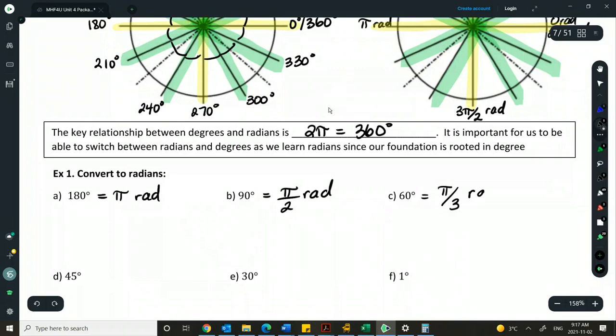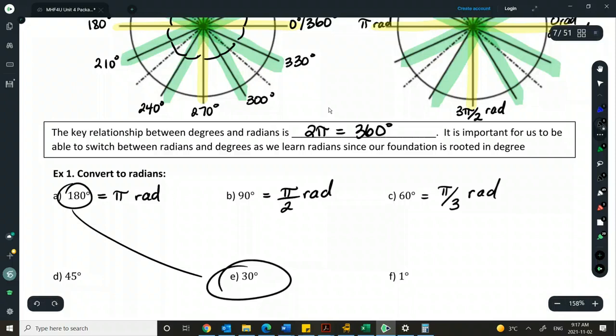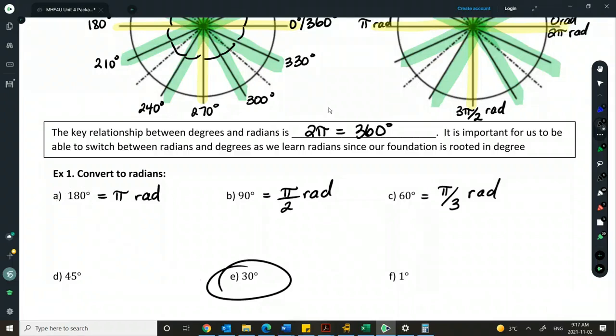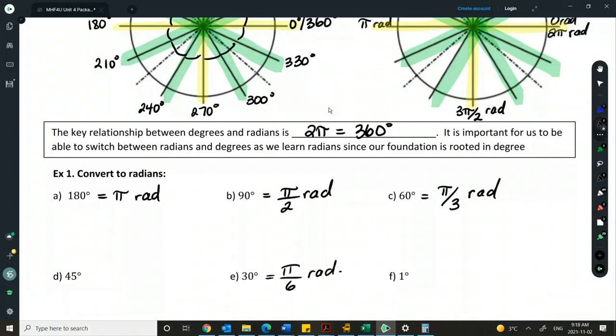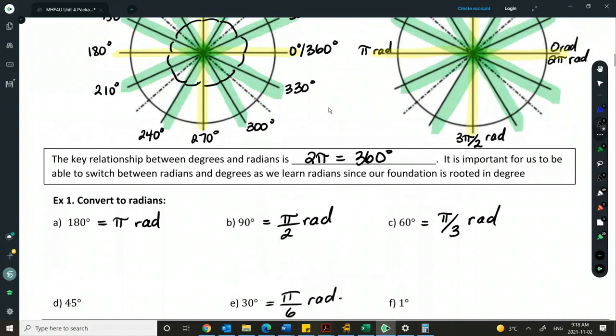How about 30? What's the relationship between 180 and 30? What do I need to divide 180 by? Carol? 6. So what's the radian value then? Lucas? Pi over 6. Perfect. Okay, we'll leave 45 and 135 for a couple minutes.